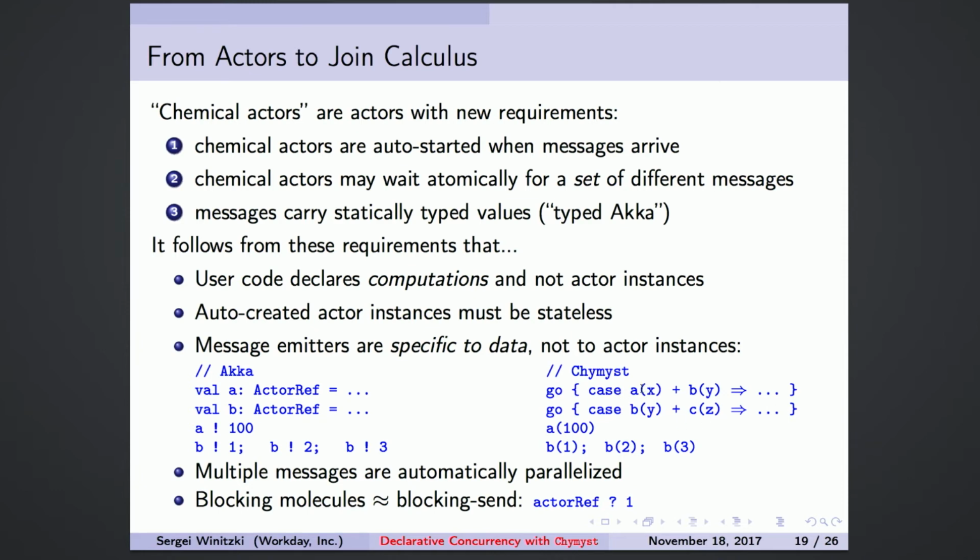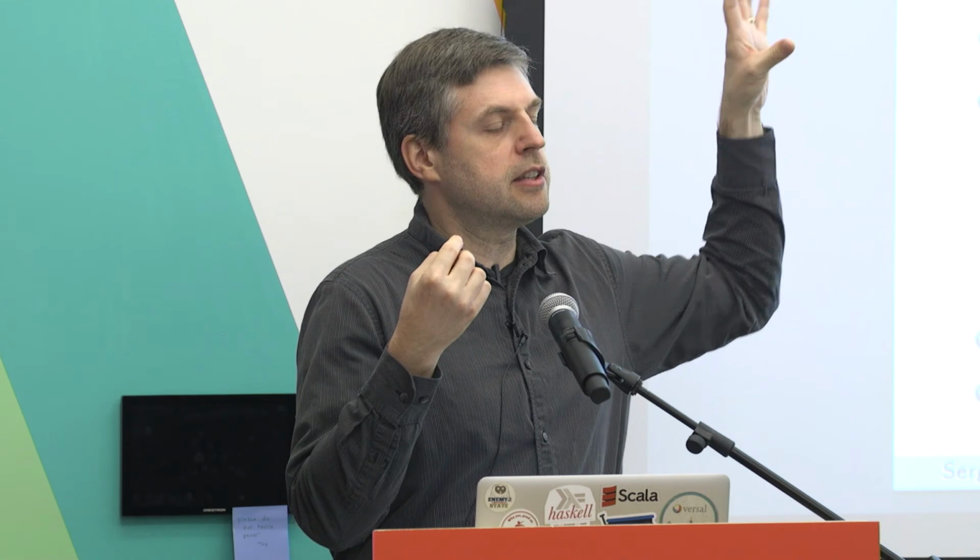Data X is labeled by A, Y is labeled by B, and B can be consumed by different processes. So message emitters are really specific to data, not to processes. It's much easier to reason about data that is present than to reason about processes that run and change their state as they run, or terminate, or haven't yet terminated. It's much harder to reason about that.